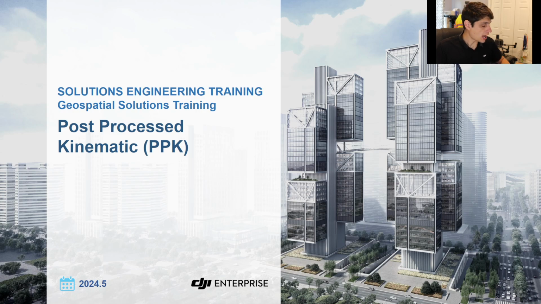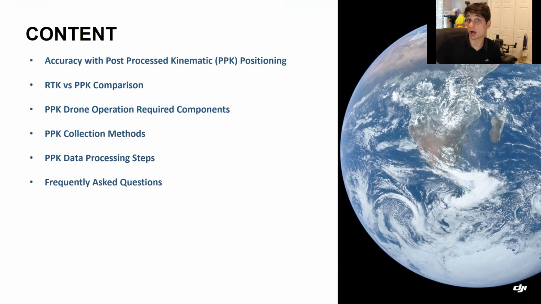As we get started, let's talk about what content we're going to be covering. We're going to do an introduction into PPK. What is PPK? Also, we're going to be talking about the advantages and disadvantages, or the differences between RTK and PPK, and why you would choose one over the other and what situations make the most sense there.